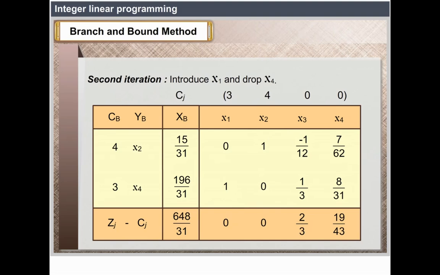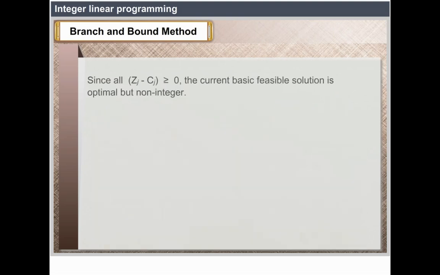Second row: 3 for CB, X1 for YB, 196 by 31 for XB, 1 for X1, 0 for X2, 1 by 3 for X3, 8 by 31 for X4. Then Zj − Cj: 648 by 31 for XB, 0 for X1, 0 for X2, 2 by 3 for X3, 19 by 43 for X4.